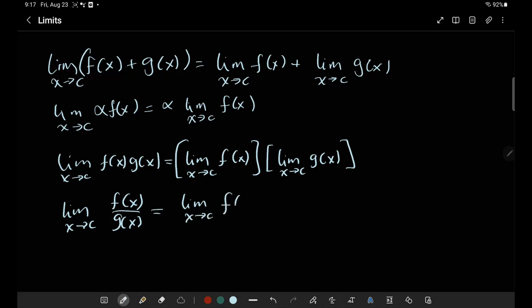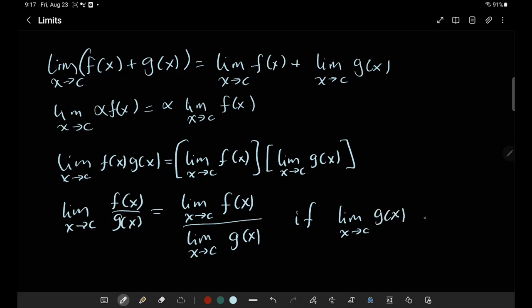Without me saying it, what do you think would be the problem of writing it this way? When do we get a problem? The problem is if this happens to be 0, so we're going to restrict it to the case when the limits in the denominators are not equal to 0.